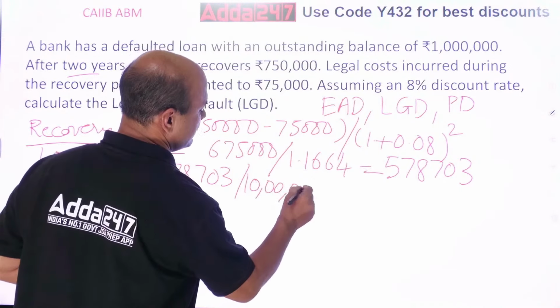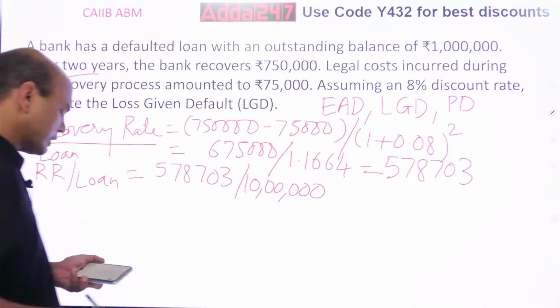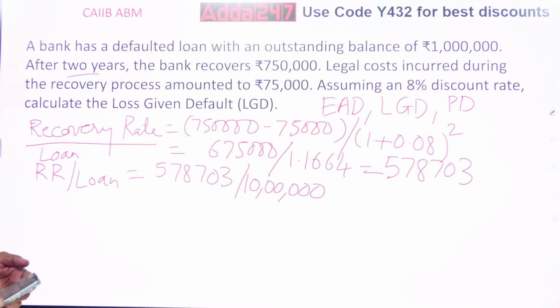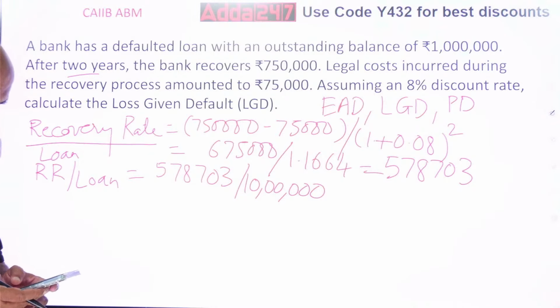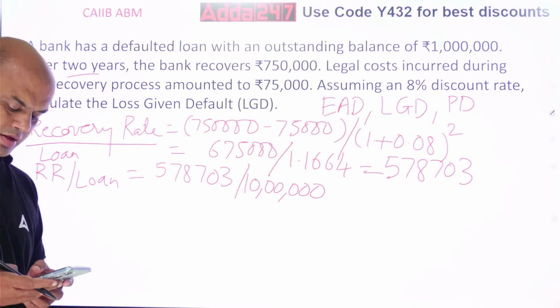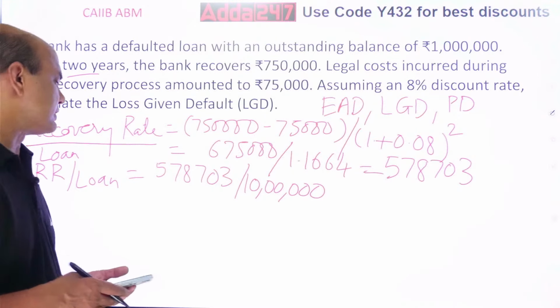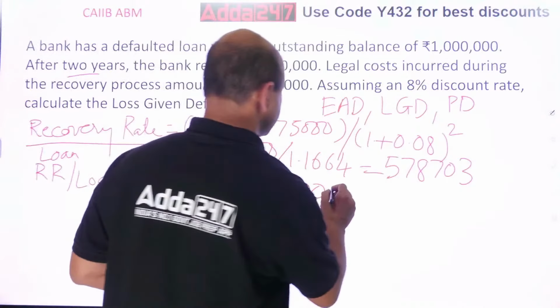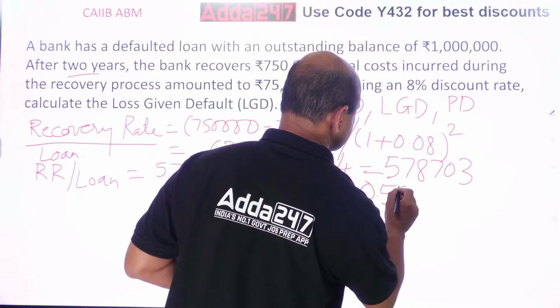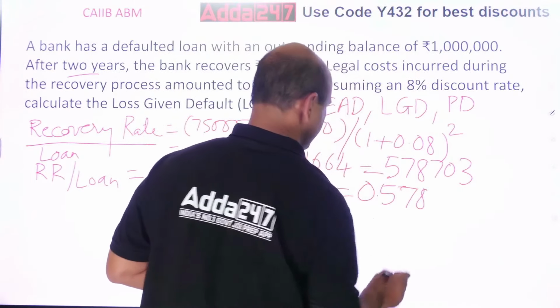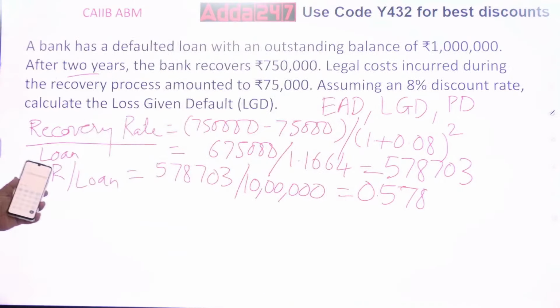Now calculate the answer. So this divided by 10 lakhs, 6 zeros. So you get 0.578. So your recovery rate upon loan is 0.578. You can call this also the recovery rate.